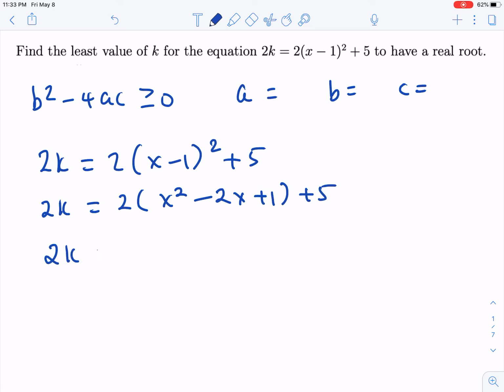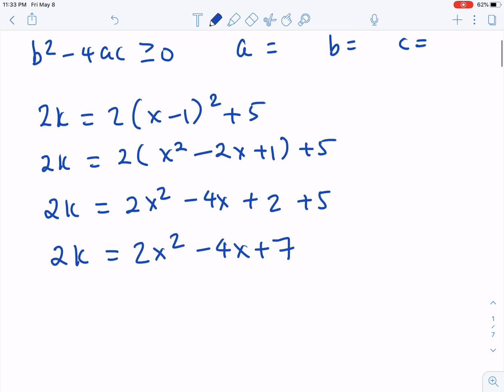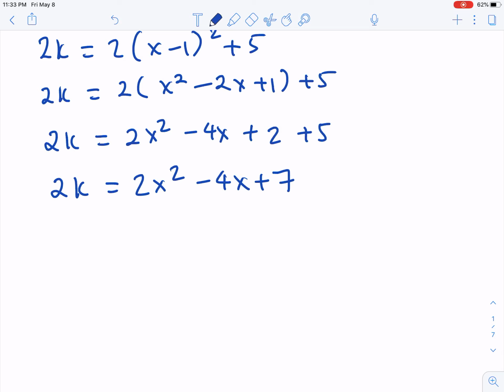And then we have 2k equals, by distributive property, we have 2x squared minus 4x plus 2 plus 5, which means that 2k is equal to 2x squared minus 4x plus 7. And subtracting 2k from both sides, we have 0 equals 2x squared minus 4x plus 7 minus 2k.